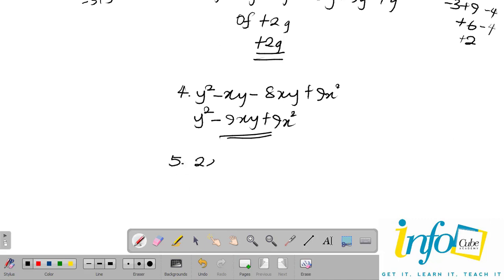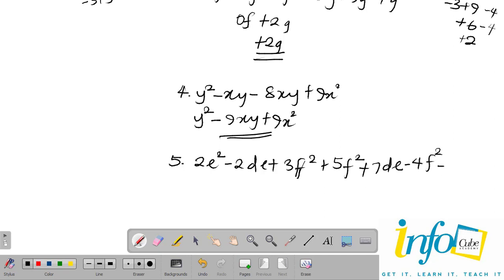We have 2e squared minus 2de plus 3f squared plus 5f squared plus 7de minus 4f squared minus 7e squared. Wow, this one is very long. Okay, let's solve it. Let's collect like terms. We have 2e squared.